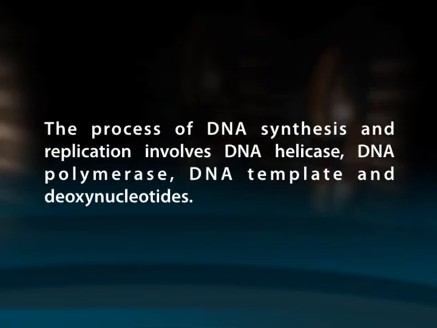The process of DNA synthesis and replication involves DNA helicase, DNA polymerase, DNA template and deoxynucleotides. DNA replication starts when DNA helicase unravels the double helix structure into single stranded DNA and forms a replication fork.